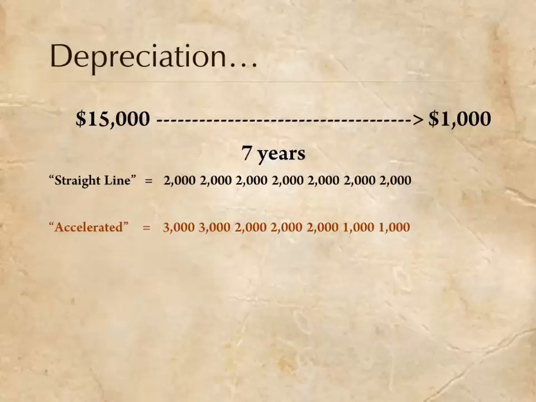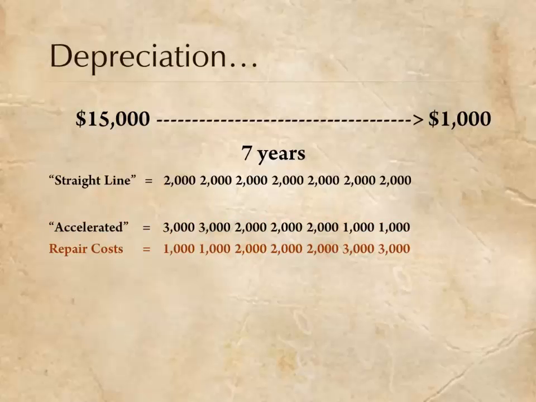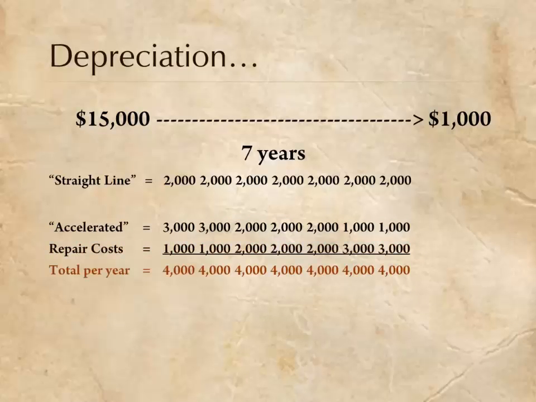If we use accelerated depreciation, we would have lots of depreciation spent at the first and less later. As the truck ages, the cost of repairs will increase, making up for the lower depreciation costs. In this way, the cost of the truck would be level, matching the income. Talk to your tax advisor about which method of depreciation you should be using.